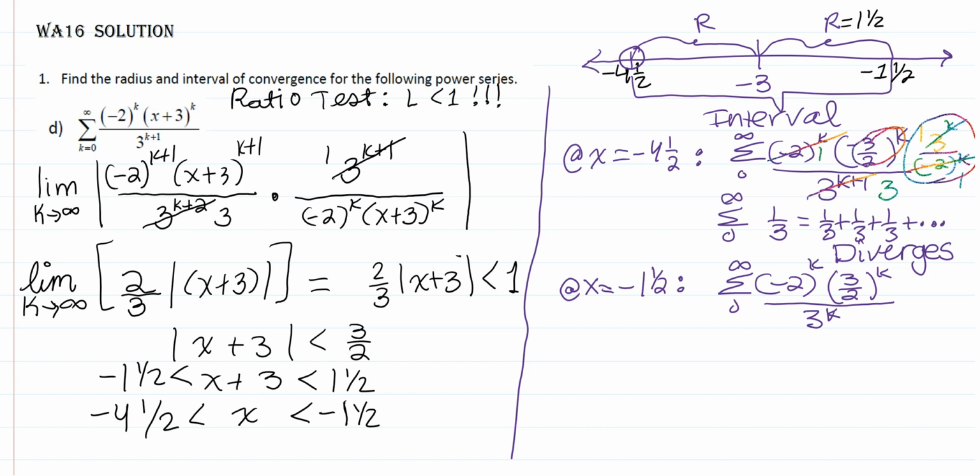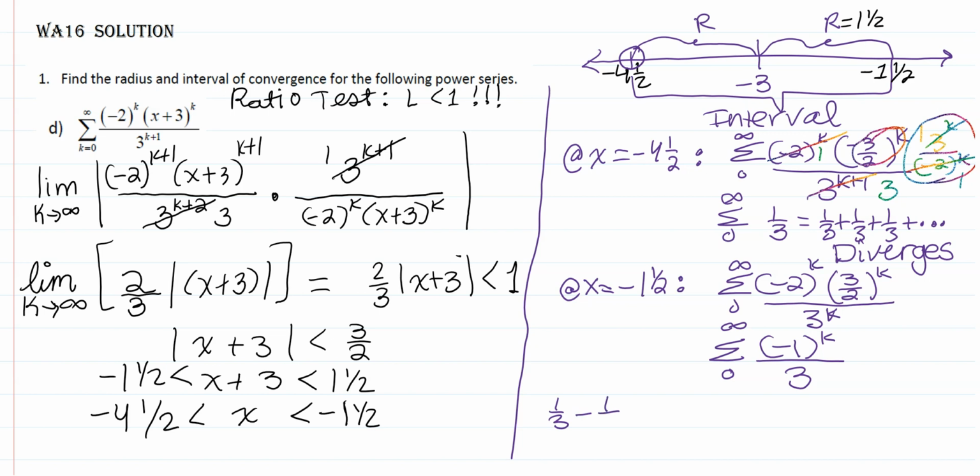The same process will apply. However, the -1 is going to stay, and that would be -1 to the k power divided by 3.